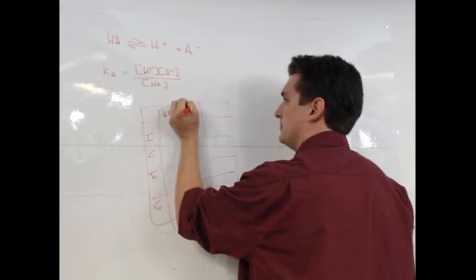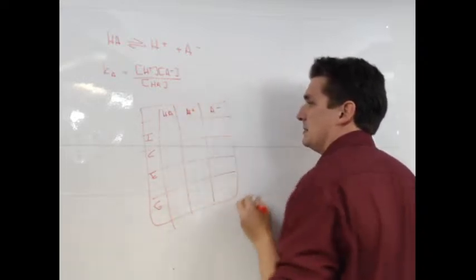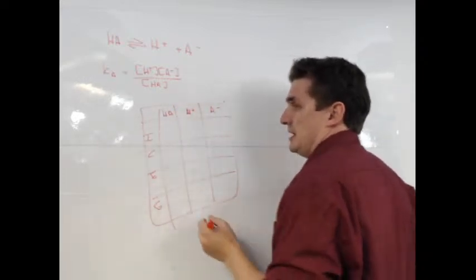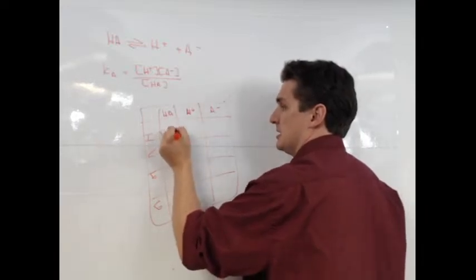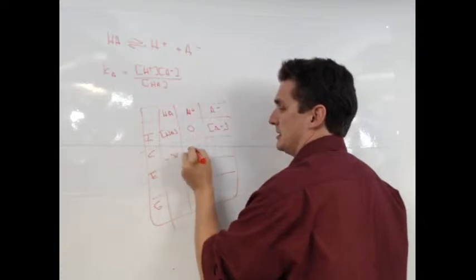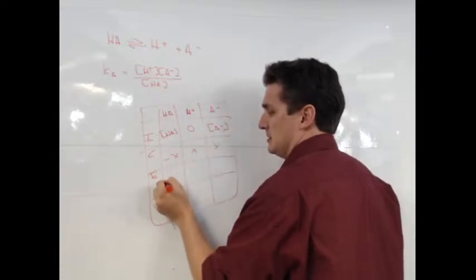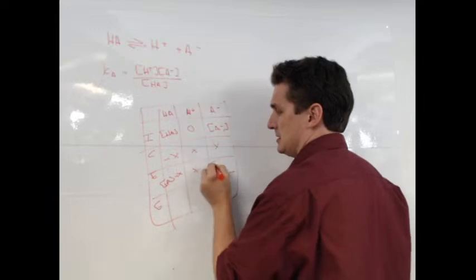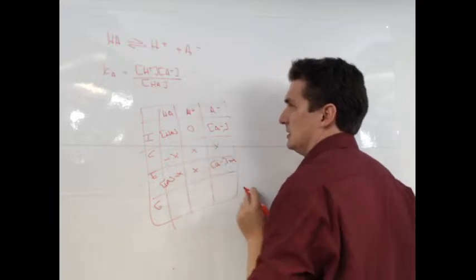HA, H plus, A minus. If we just have some starting concentrations, concentration of HA, 0, A minus, the change is minus X, X, and X. So we get HA minus X, X, and A minus plus X.